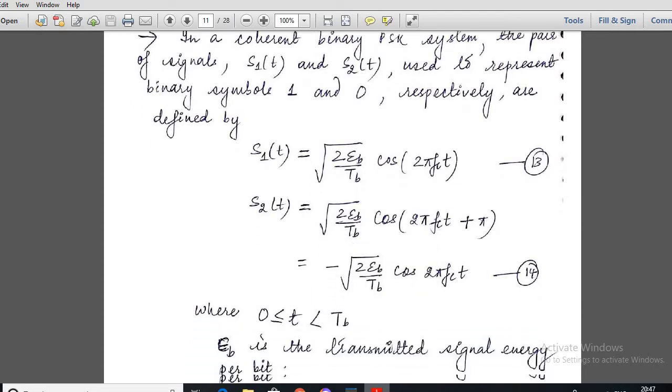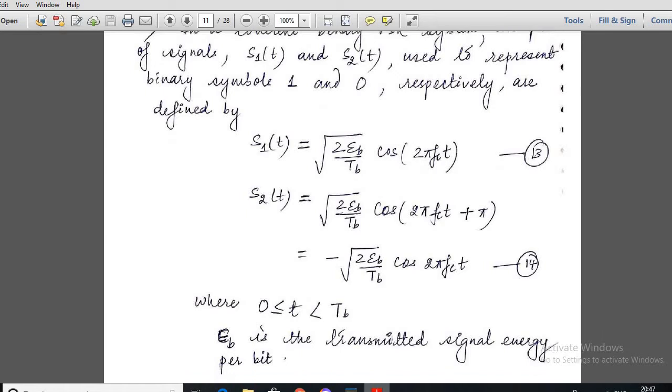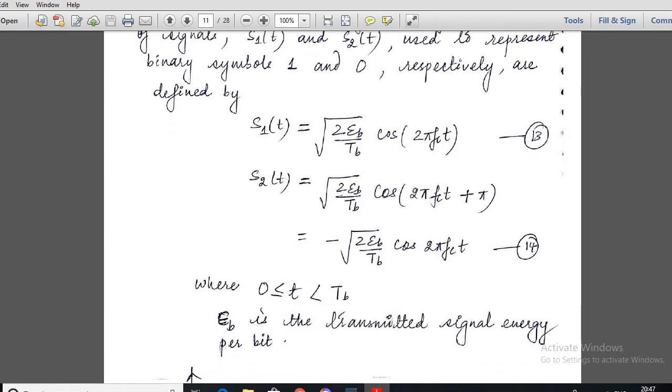So we can represent the modulated signal as a pair of signals. So modulated signal S of t can take a form of S1 of t or it can take a form of S2 of t. Let's say S1 of t represents symbol 1 transmission and S2 of t represents symbol 0 transmission.